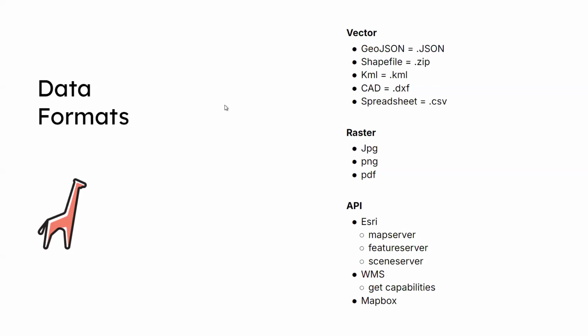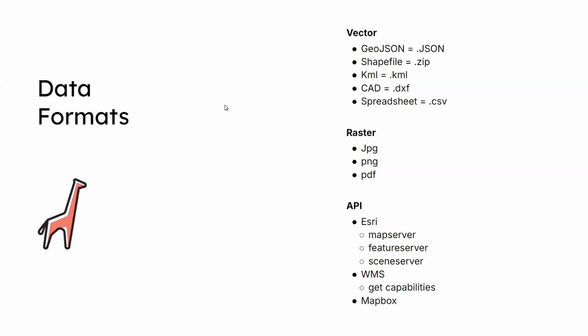And the advantage of connecting to an API versus uploading a static piece of information is that if anything gets updated in that data set, if you're connected to the API, you automatically get those updates in your project without you having to do anything.